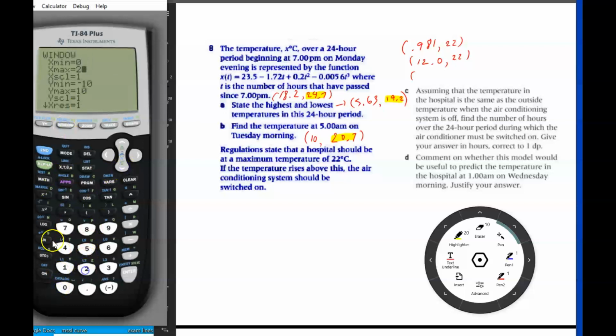So 0 to 24, because we're worried about the first 24 hours. Y min, y max would be 0 to 50 because it is summertime and it's not going to go below 0 here. Graph.